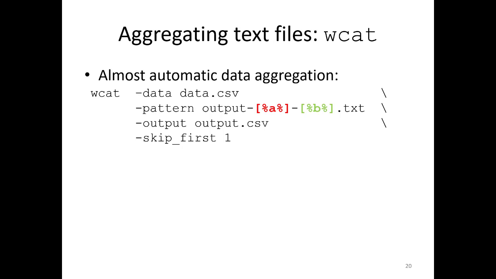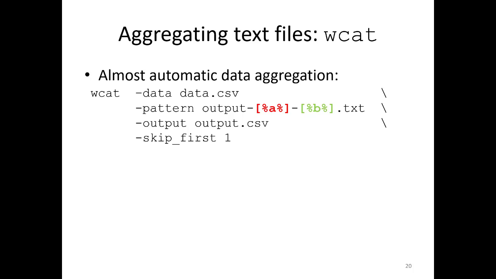So wcat can actually help you do that. It is intended to do more or less automatic data aggregation. It takes as an argument the data file which you used with the w subcommand, and then it takes a pattern, and that pattern is in fact representing the output file names.